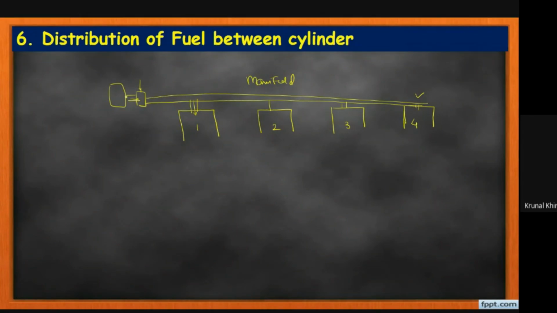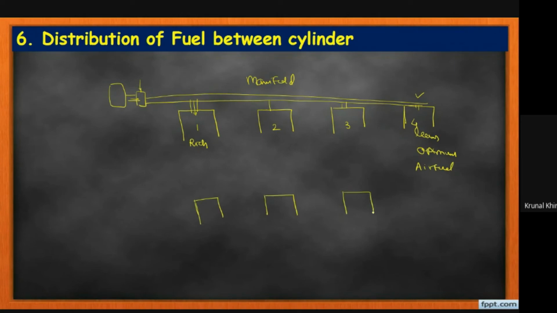So as the mixture of petrol and air travels, the first cylinder has a rich mixture and the last cylinder has a lean mixture. So we cannot have the optimum value of air-fuel ratio, and due to this we have differences in the stoichiometric ratio also, and this creates various difficulties in maintaining the performance of the engine's cylinders.